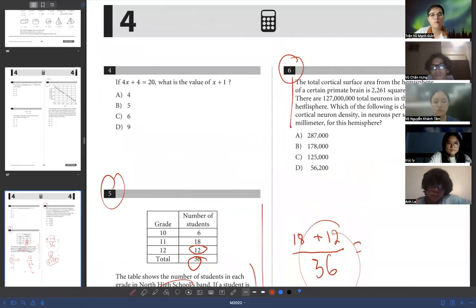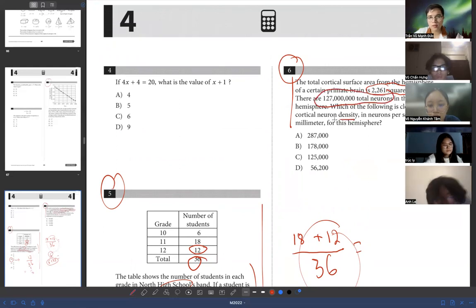Next is this one. This sounds very convoluted because it's about brains and biology, and everyone knows biology is very difficult. But you can consolidate this prompt and see that it has a surface area in square millimeters, there are total neurons, and they're asking about neuron density in neurons per square millimeter.